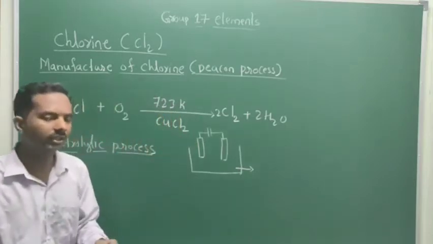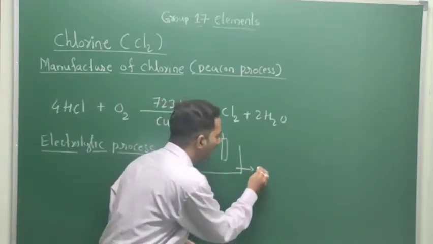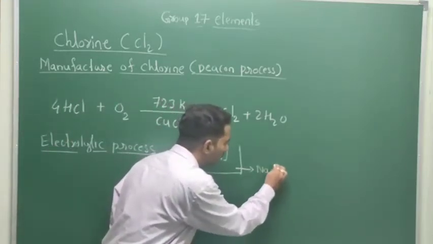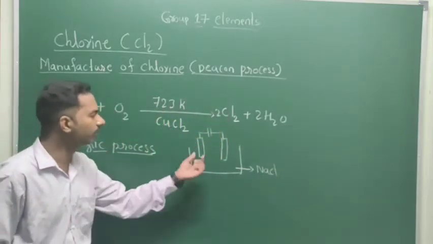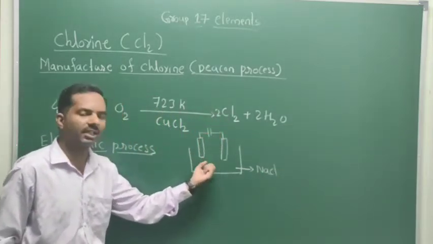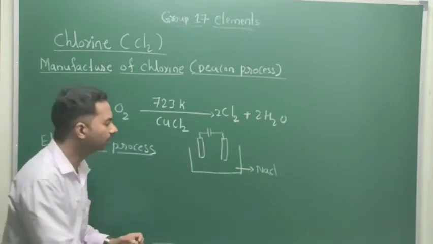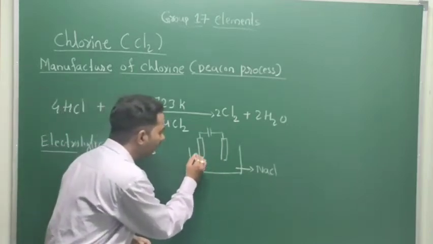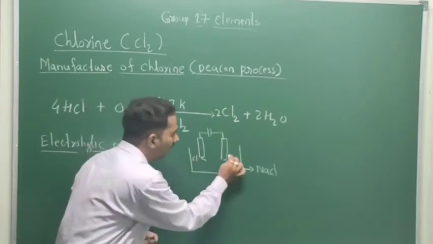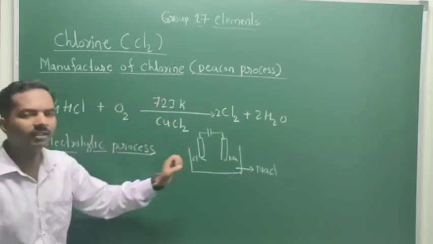This beaker contains brine solution or saturated solution of sodium chloride. The external electric current is passed through the two electrodes. So chlorine is liberated at anode and sodium is liberated at cathode.